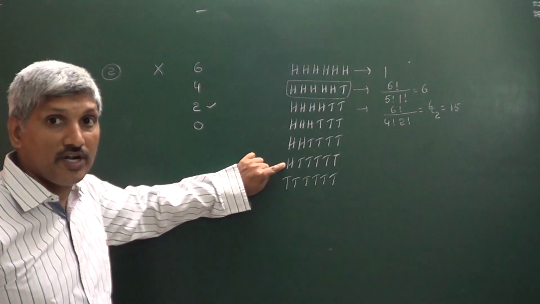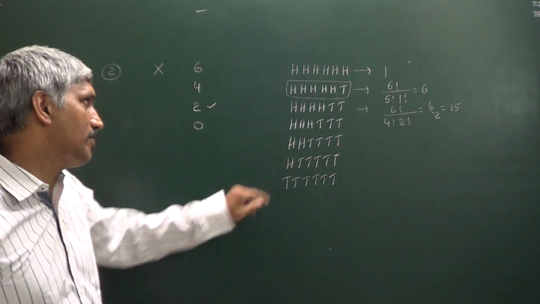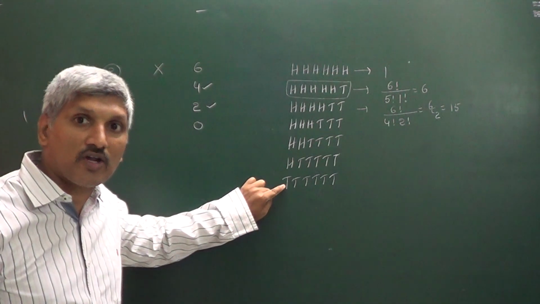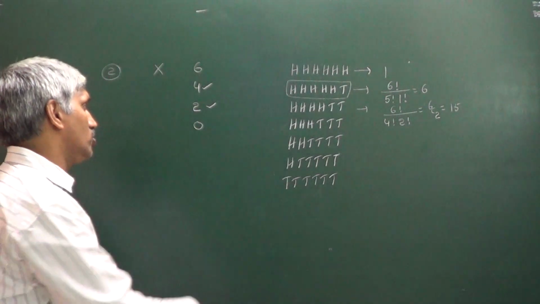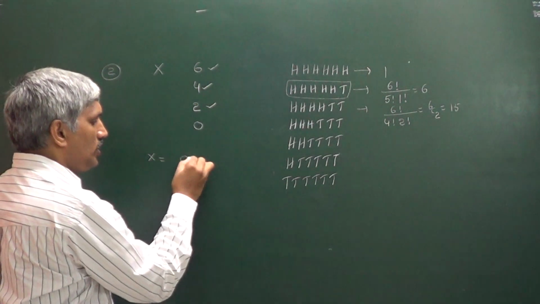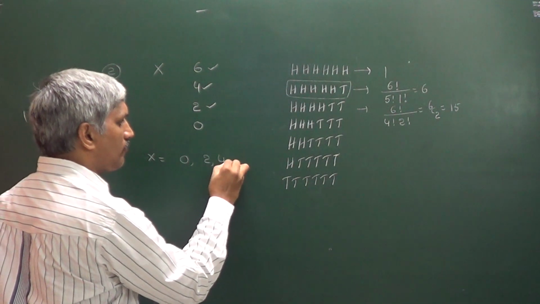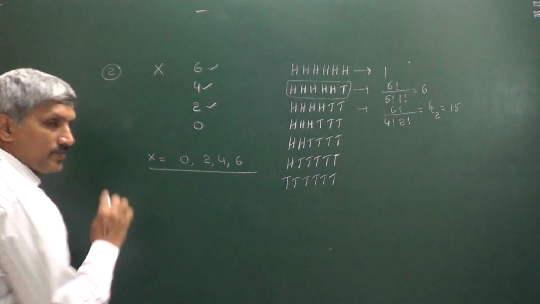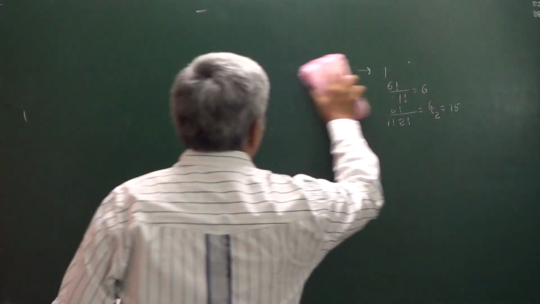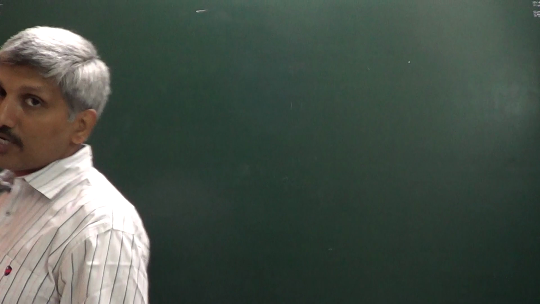Here also the difference is 4. Here also the difference is 6. So that's why x takes the values 0, 2, 4, 6. Right?